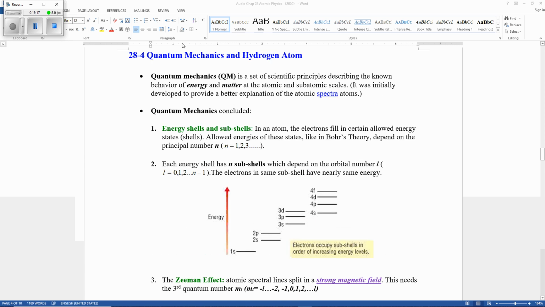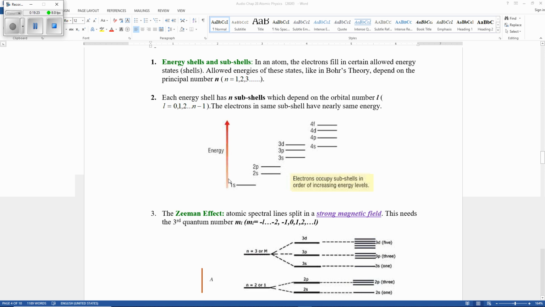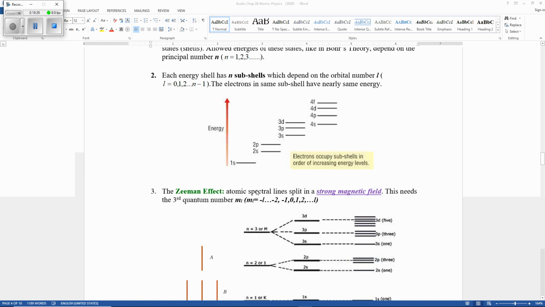Again from quantum mechanics, we're not going to study the theory, only give the conclusion. Now, when you add a strong magnetic field, if atoms are in a strong magnetic field, what happens? The subshell is going to split into even more shells. Suppose n equals 3.